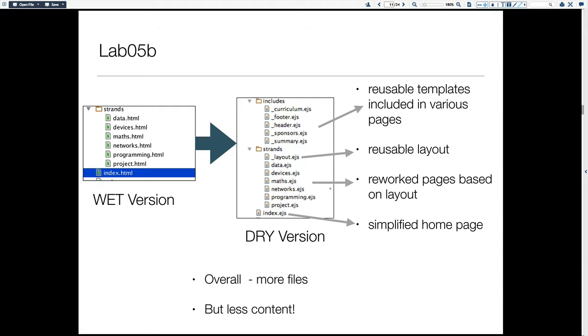Then each of our strand pages is made up of a reusable layout, and we rework the pages to use those layouts and those fragments. Finally, our home page is dramatically simplified. Overall, you'll notice we've got more files, so it has gone up in terms of file count, but less content. If we were to count the number of lines in our website after this exercise, we'd find the reduction is significant.